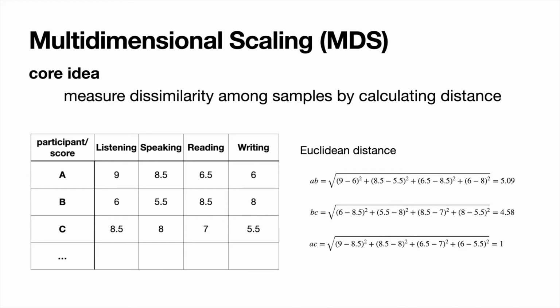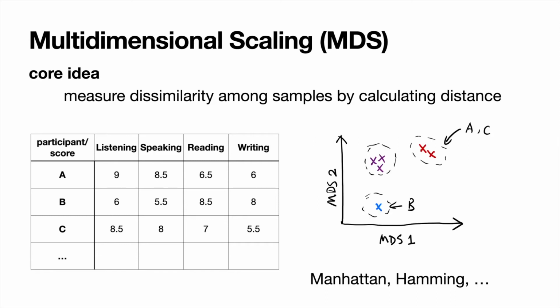Here we use the Euclidean metric to calculate the distance between A and B, B and C, and A and C. So the smaller the result we get, the more similar the two samples are to each other. And the result will be visualized like this.